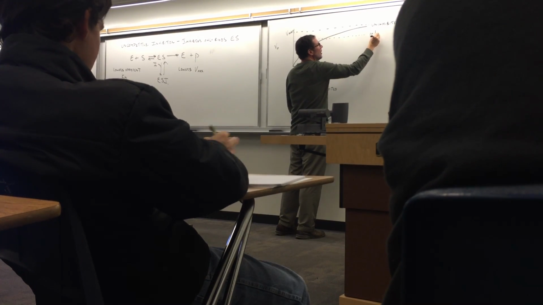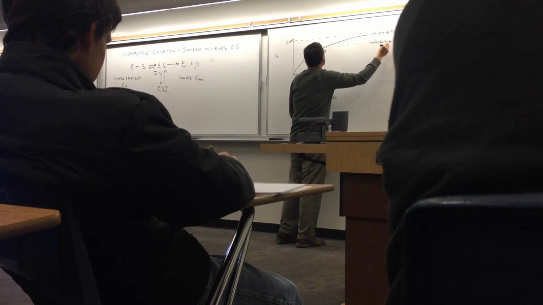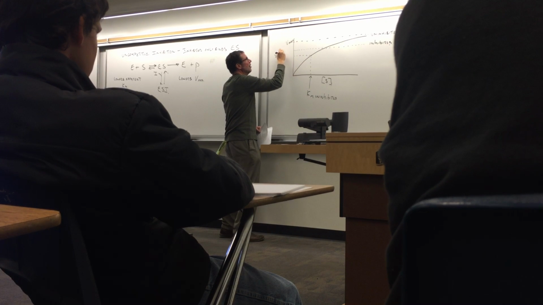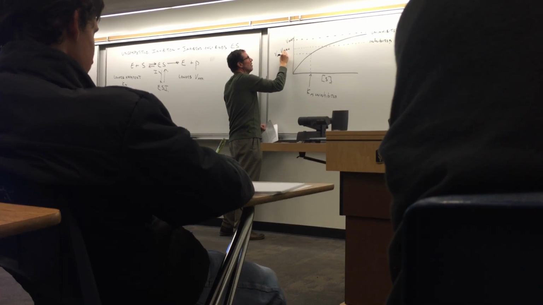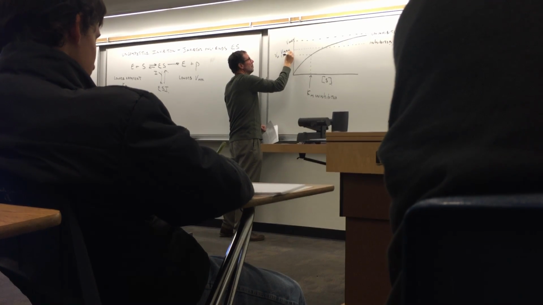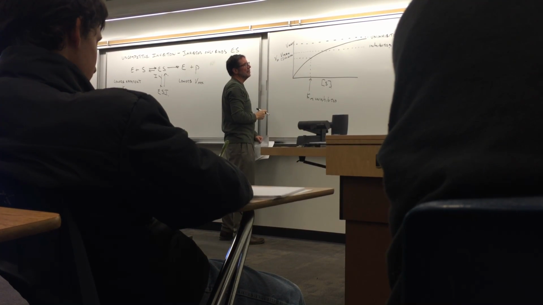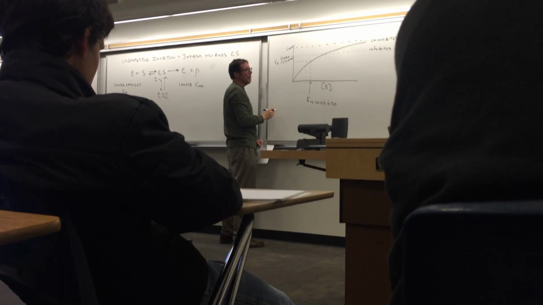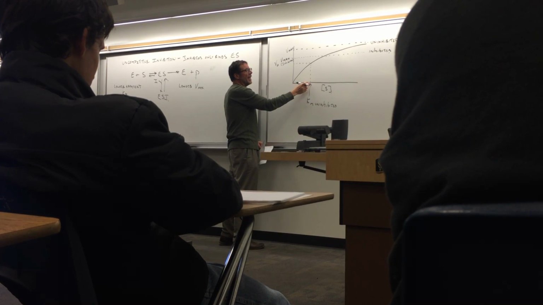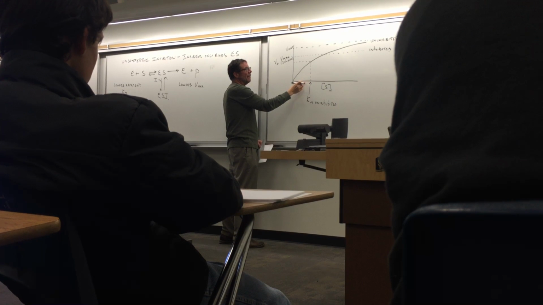So this is the inhibited, and this is Vmax inhibited. But our Km actually gets shifted to the left.